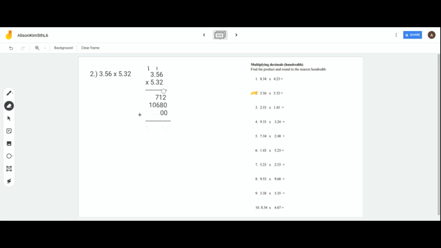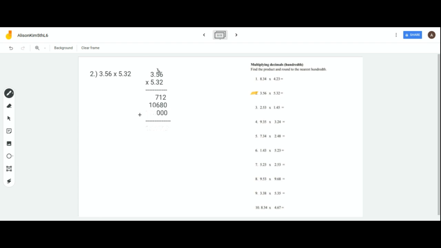Now let's move on to number 5 times 3.56. So remember, 2 place values because it increases as it goes down. 5 times 6 is 30. So you put the 0 right here, and you put the 3 right here.